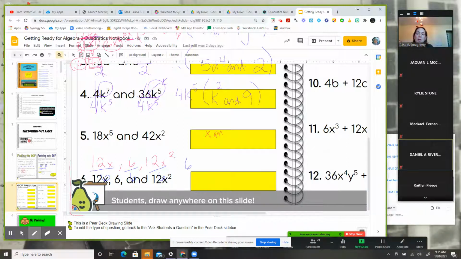So the 6 is going to go to the outside, and then we're going to divide everything by 6. So 12 divided by 6 is 2, and I keep the x. And then 6 divided by 6, I know that's hard to read, is just 1. And because these all have commas between them, I'm just putting commas in the parentheses. And then 12 divided by 6 is going to be 2, and I've got to keep the x squared.